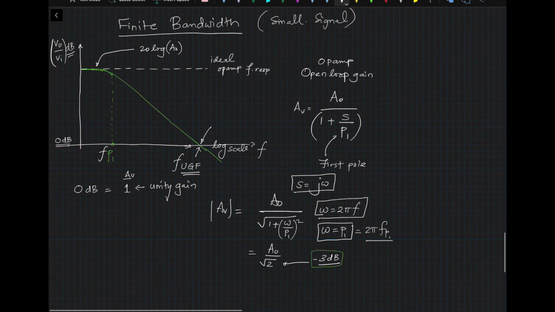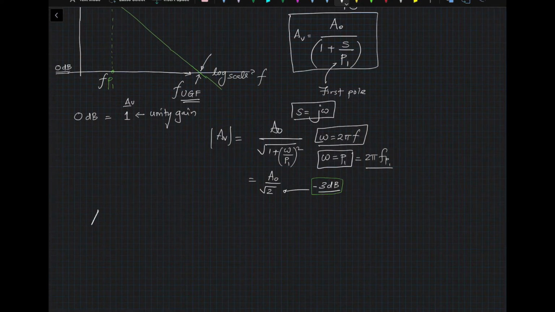Now, let's do a little more analysis here. We're going to start off again with this particular expression, which is a one-pole model of the op-amp that we're going to use. So AV is equal to 1, mod of AV is equal to 1 at the unity gain frequency, F UGF.